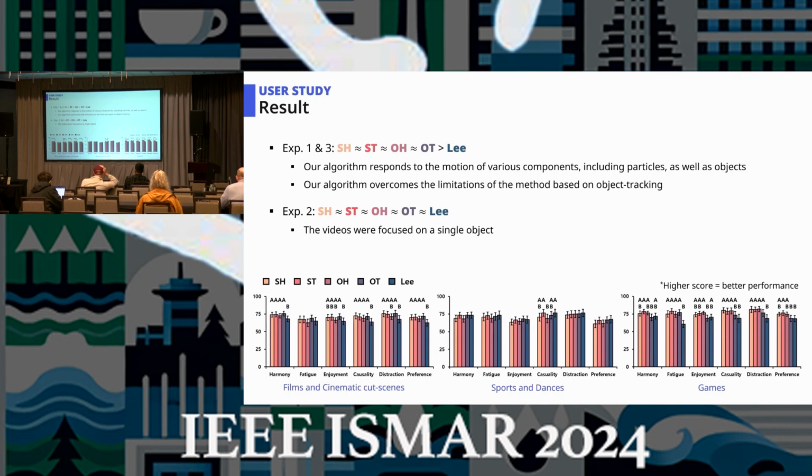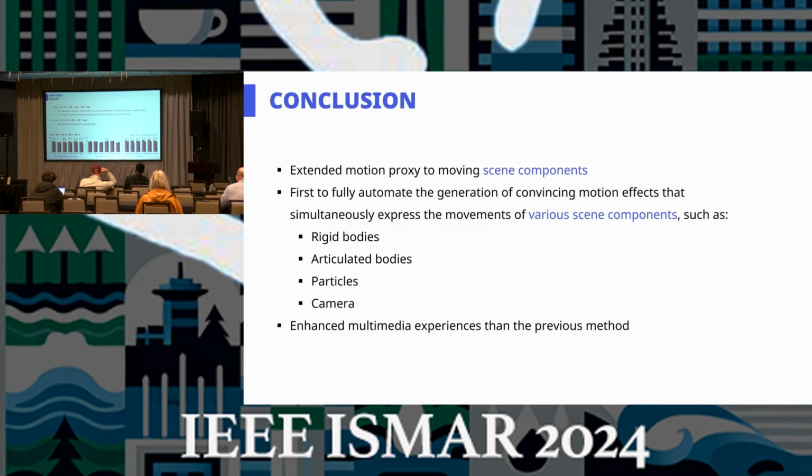This is because the videos in the second experiment mainly focused on one object. In actual, when there is only one object, the profiles of the motion effects created by our algorithm and Lee's method are almost similar.